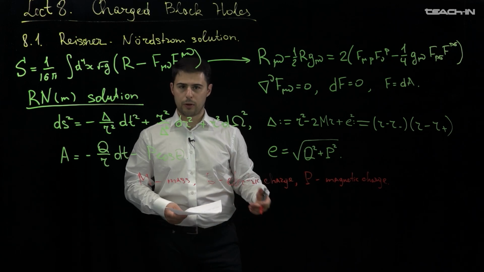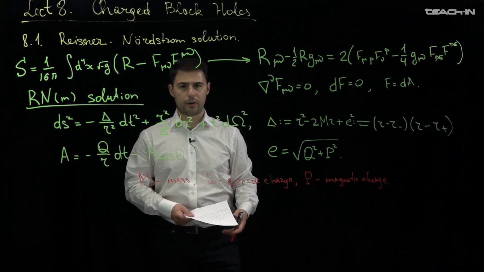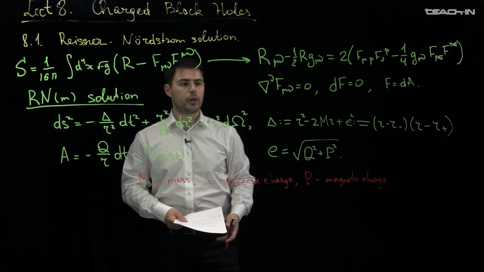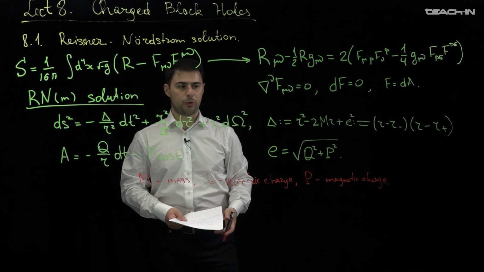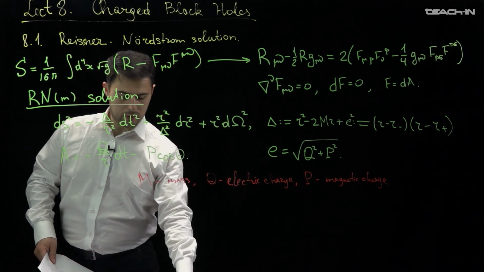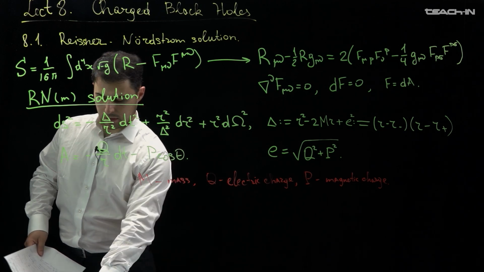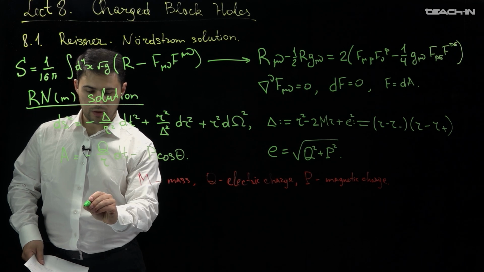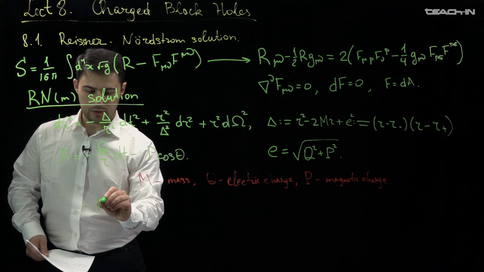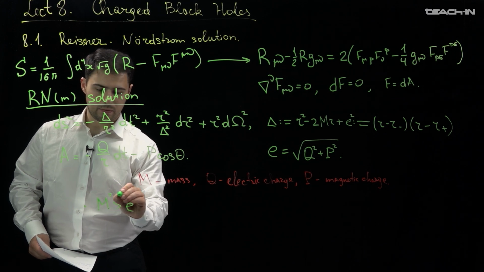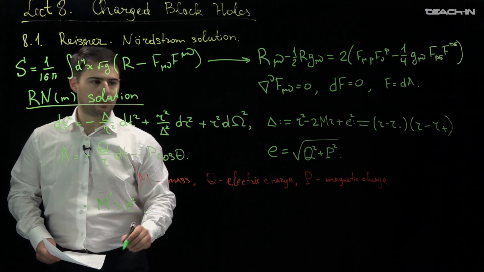So depending on the values of the parameters, we are in one of three possible limits. First of all, let m be greater than e in absolute value.